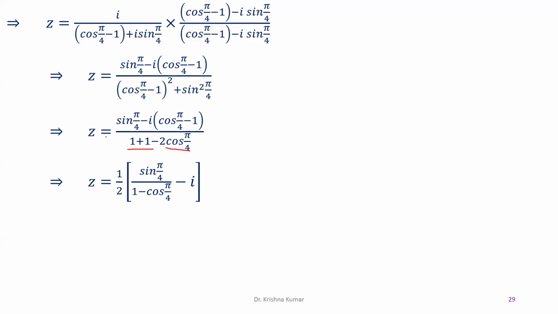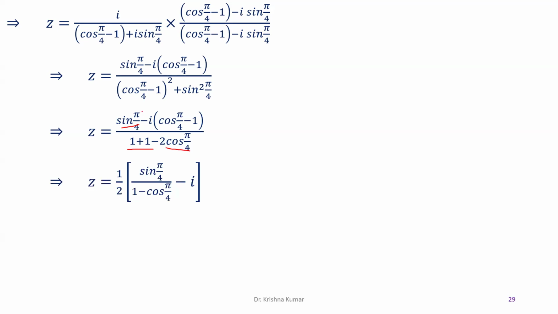So we can take 2 outside, which gives 1 upon 2 (1 - cos pi/4). So z is equal to sin pi/4 upon (1 - cos pi/4) in the first term.